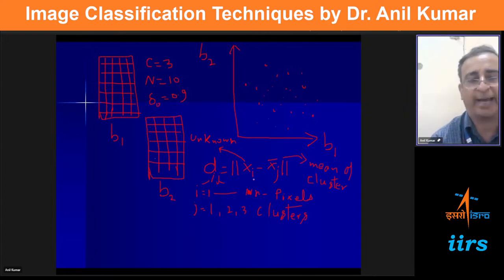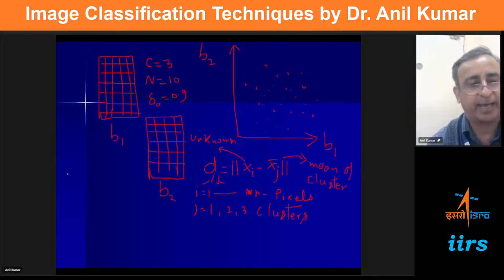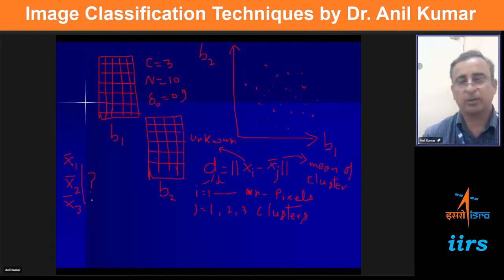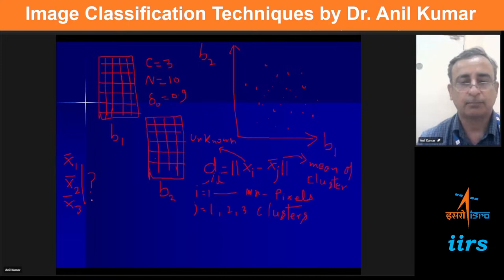Since it is unsupervised, xi I can get from the image, first pixel, second pixel, third pixel, one by one. But how can I get x j bar? x j bar will be x bar 1 for the first cluster, x bar 2 for the second cluster, and x bar 3 for the third cluster. These are unknown to me, so it is a question mark, because I don't have any ground information. So the mean value of each cluster is unknown to us.